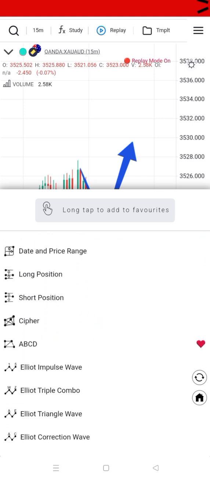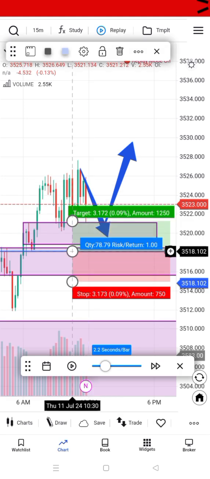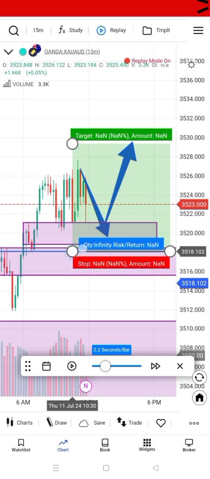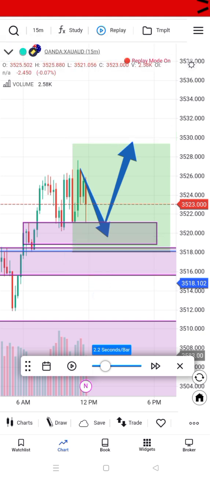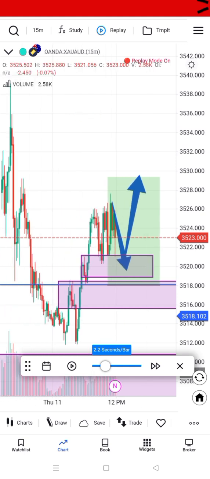So let me pick the long position so I can show you what I'm trying to mean. So there is the long position, I place it there. And how will you be picking your take profit?